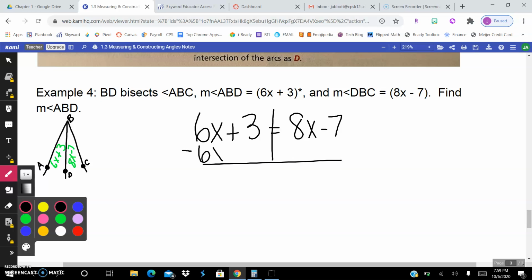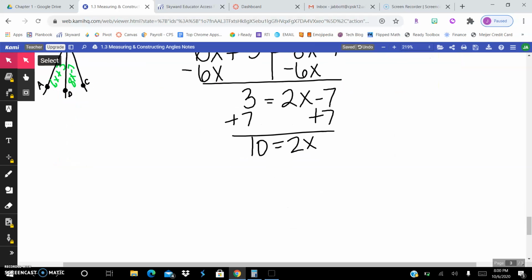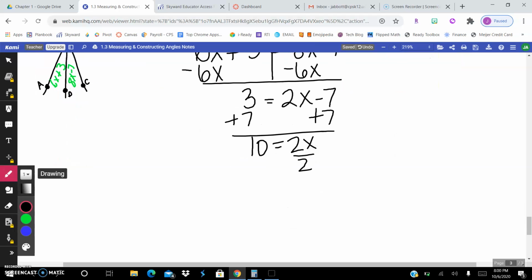We're going to subtract 6x from both sides, and we're going to have 3 equals 2x minus 7. Then we're going to add 7 to both sides. So we're going to have 10 equals 2x. And then we're going to divide both sides by 2, and we get x equals 5. And they didn't ask us what x is.